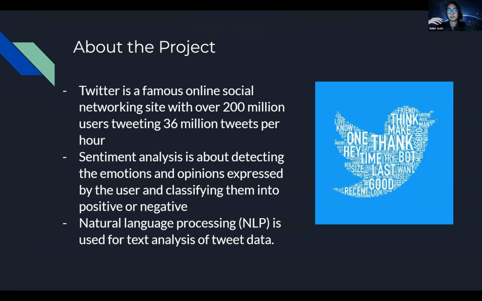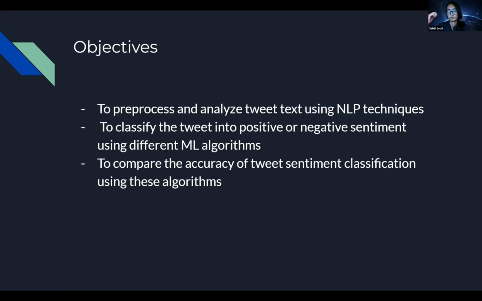So what we're doing is sentiment analysis. We look at the emotions, opinions and attitudes displayed through these tweets, and then we use this to classify them into positive or negative tweets. Since these tweets are text, we're going to use natural language processing to pre-process the data. Our objective is to classify the tweets as positive or negative.